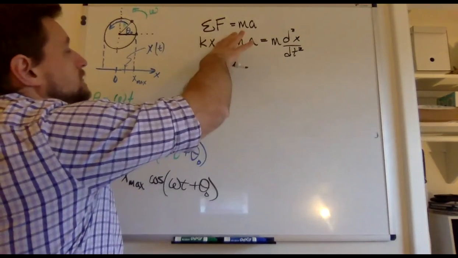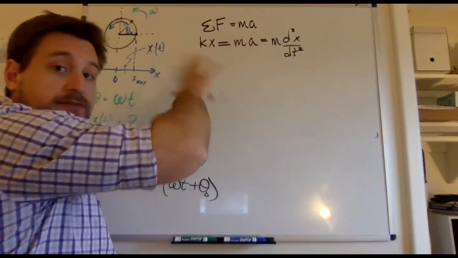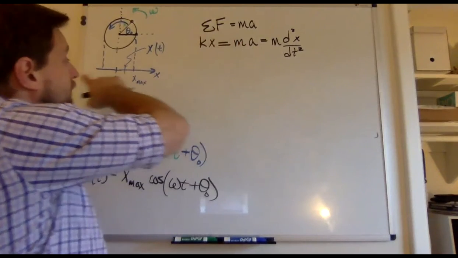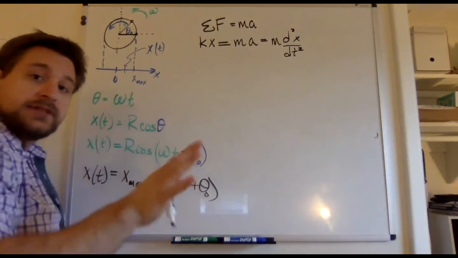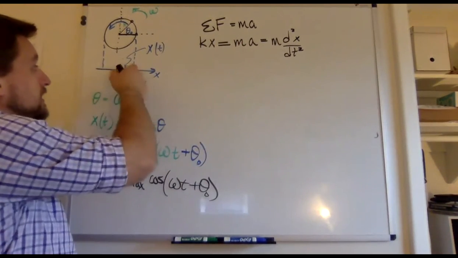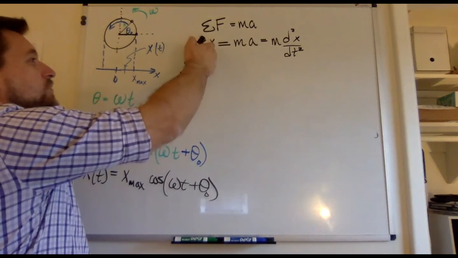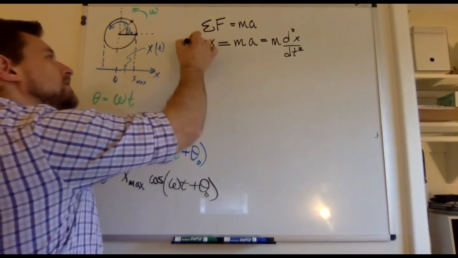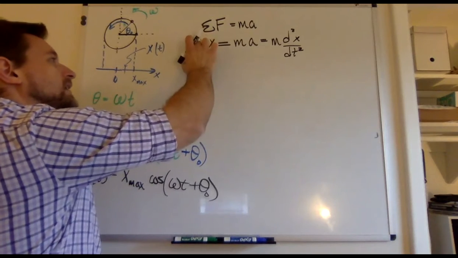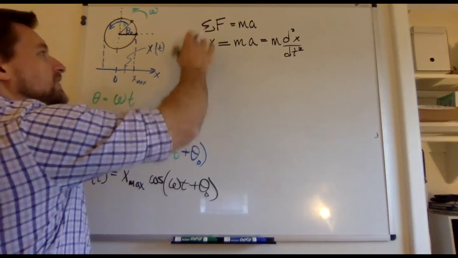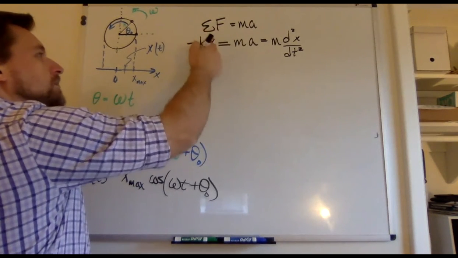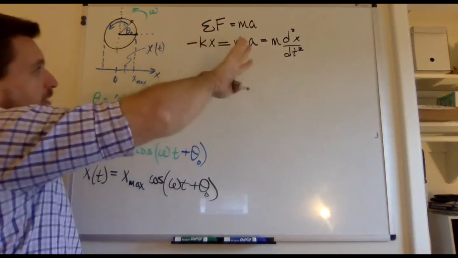Newton's second law should still hold, even though we're imagining stuff. So in the horizontal case, there's no gravity to worry about. We just have the stretched spring. If the x coordinate is positive, then it's going to pull us back the other way. If the x coordinate is negative, then it's going to push us positive.